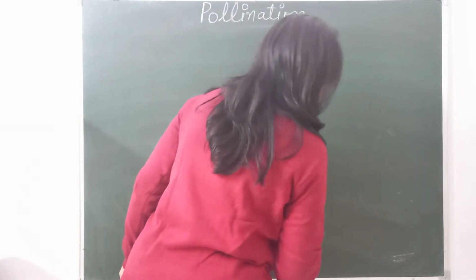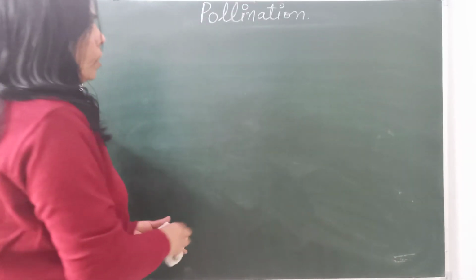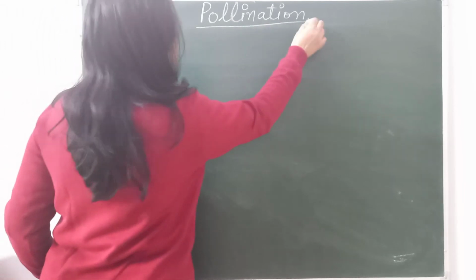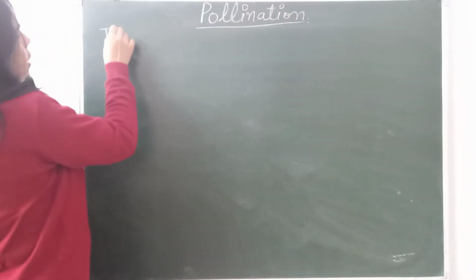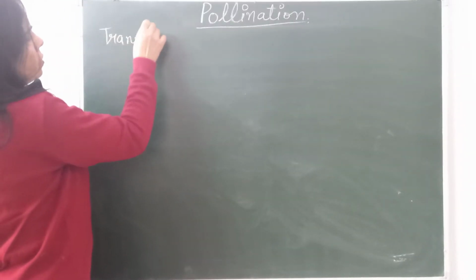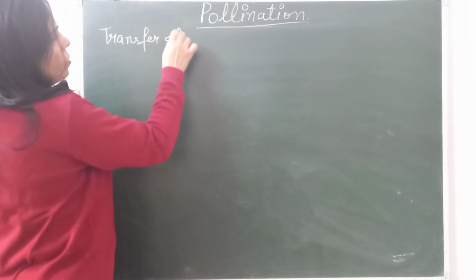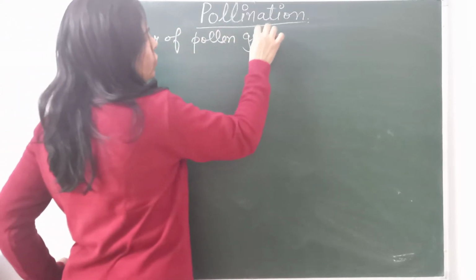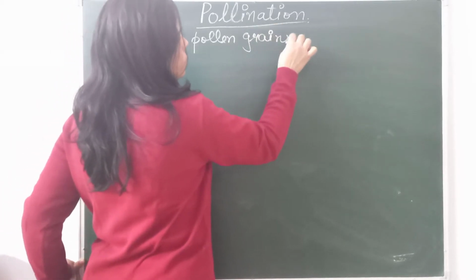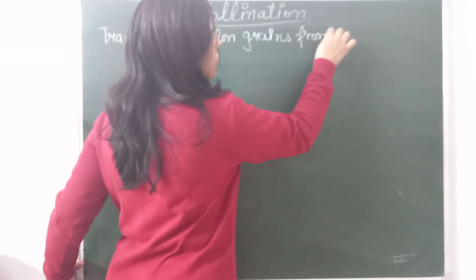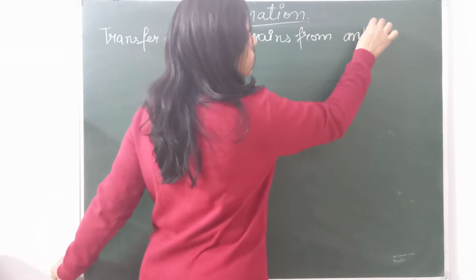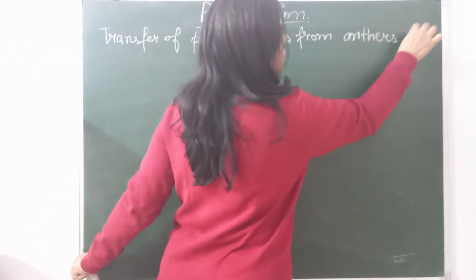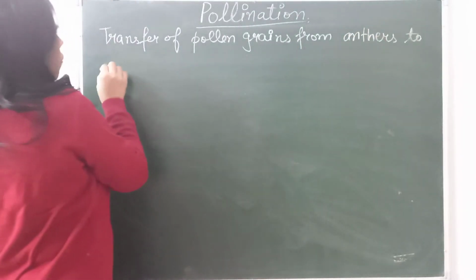Okay. Now what is pollination? Pollination means transfer of pollen grains from anthers to stigma of flower.